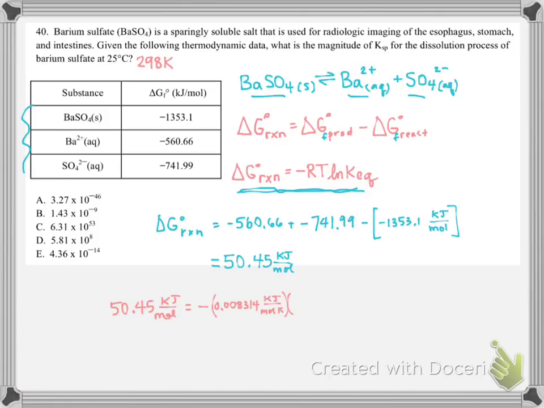We never use Celsius. And then we'll have the natural log of KEQ.